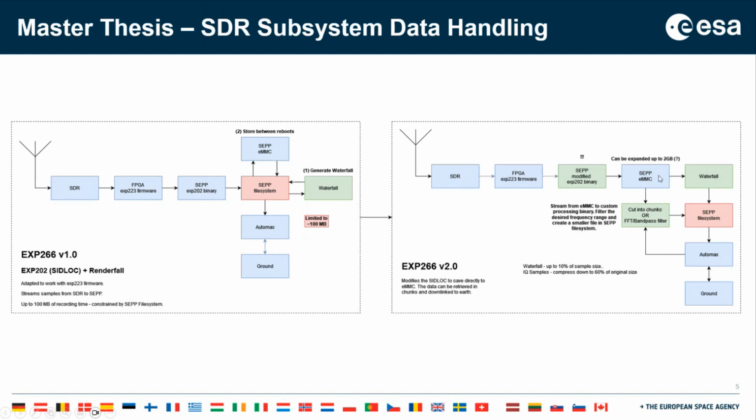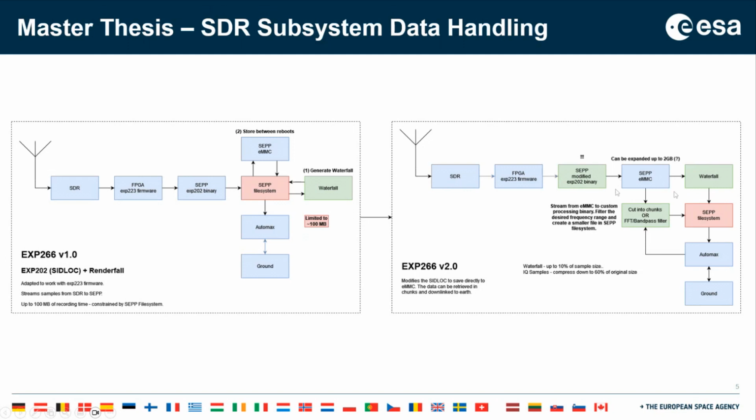And then once we figure out this problem, the next problem is to build the tooling around it to effectively extract the data out of it. First of it is again the waterfall, but this time it takes the data from the eMMC directly, and this way we can preview what we have recorded. It can be even a longer recording, longer than 100, 200 megabytes.